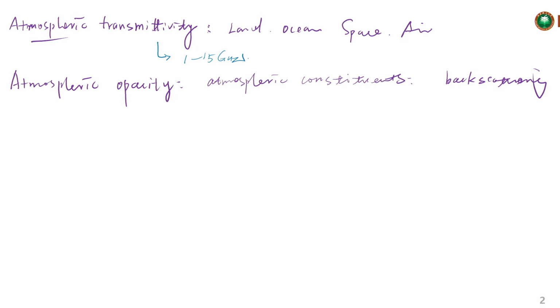Besides this frequency range, there are some sharp absorption lines. This can block the propagation of the electromagnetic waves. For example, the constituents in the atmosphere are water vapor and also oxygen.